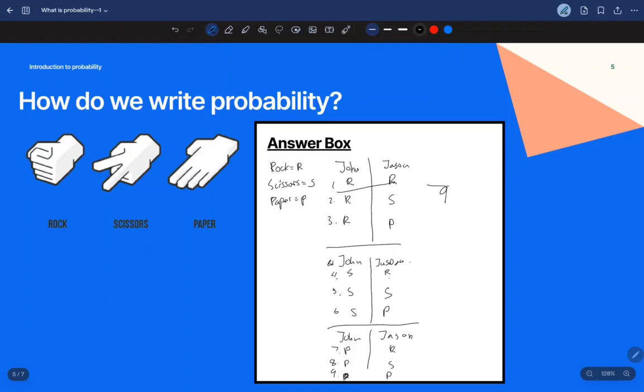Therefore, out of a total of 9 outcomes, it would be 1/9. However, if the question asks what is the probability that John and Jason will both put the same shape of hand, there are only 3: both putting rock, both putting scissor, or both doing paper, out of those 9. So 3 out of 9, simplifying to 1/3.